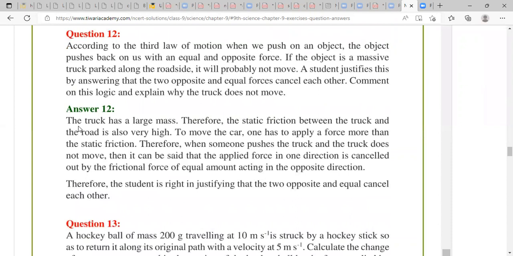To move the truck, one has to apply a force more than the static friction. Therefore, when someone pushes the truck and it does not move, the applied force in one direction is cancelled out by the frictional force of equal amount acting in the opposite direction. Therefore, the student is right in justifying that two opposite and equal forces cancel each other. Clear? Yes, ma'am.